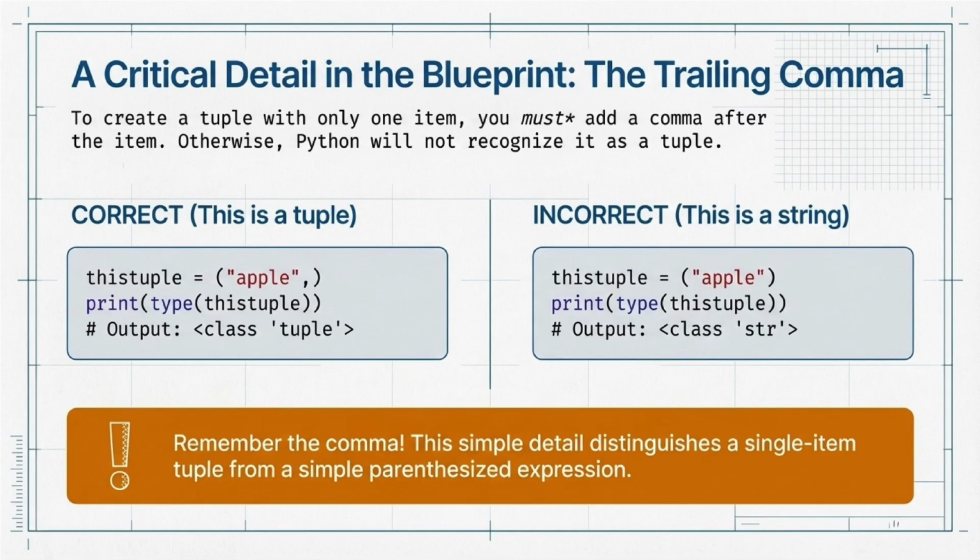However, if the comma is omitted and the value is written as "apple" within parentheses, Python interprets it merely as a parenthesized string, not a tuple, and the type check returns a string instead.